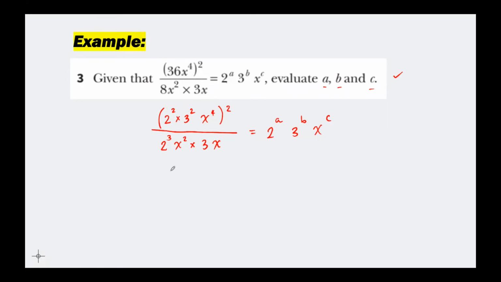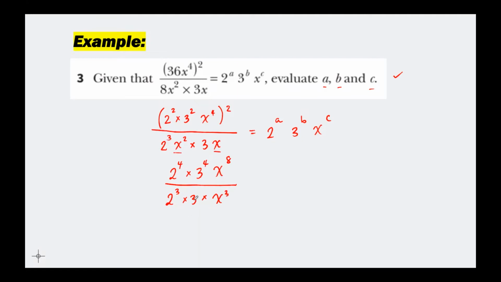So that will give us 2 to the power of 4 times 3 to the power of 4, and this is x to the power of 8, divided by 2 to the power of 3. So x squared times x gives us an x cubed, so that will be times 3 times x cubed, okay?